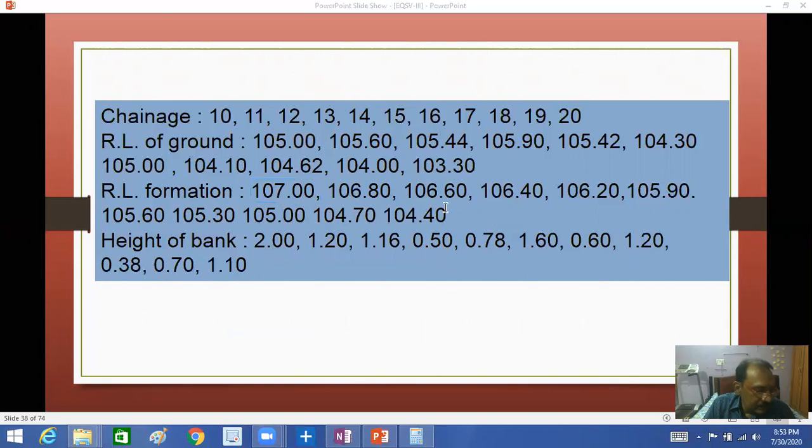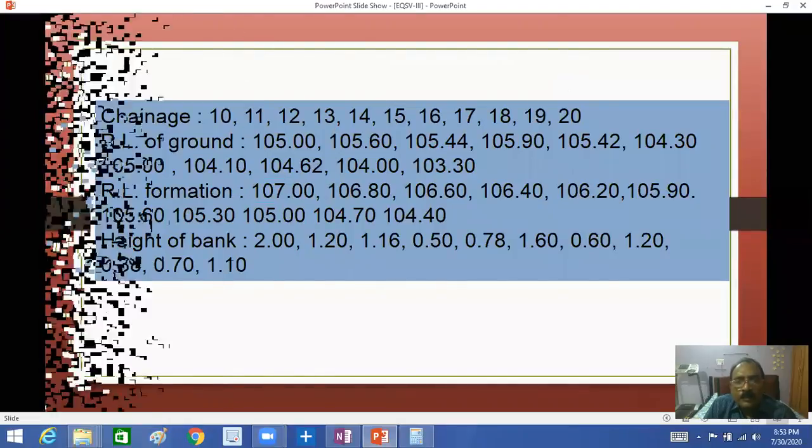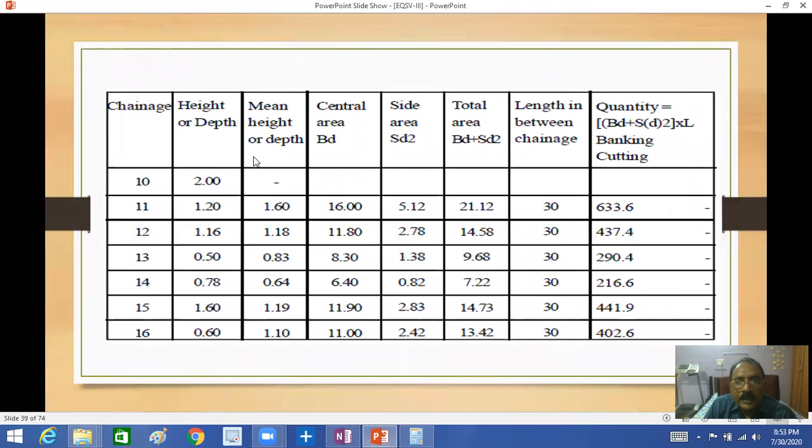After calculation, we have a table, and we have to substitute these values in the table. These problems generally come in JNTU examinations as 10-mark questions. At chain 10, what is the height or depth? Formation level minus reduced level. You can have one more column here, or calculate directly from the problem. That is 107 minus 105, formation level minus reduced level.